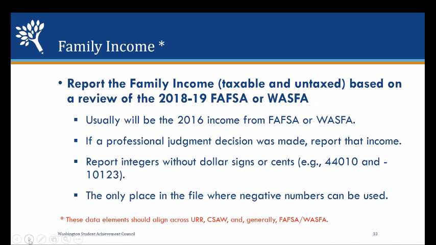Report integers without dollar signs or cents. You can see the example here: 44,010 would be 44010. This is the only place in the file where a negative number can be used. It's the only place in the family income where if you have negative numbers, you can put them here, but don't put them anywhere else. We will contact you if you do.